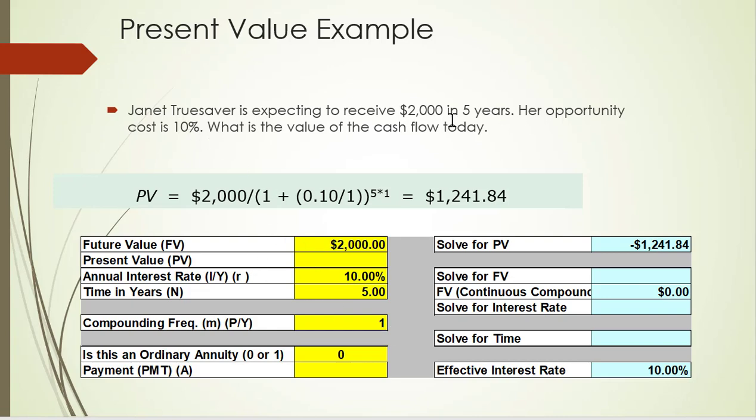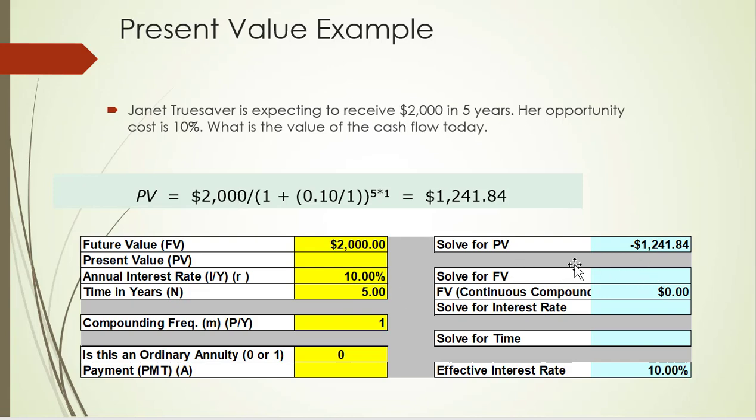So again, we're going to get $2,000. You're going to receive $2,000 in 5 years, and you can earn 10% on your money. What is this $2,000 worth in today's money?